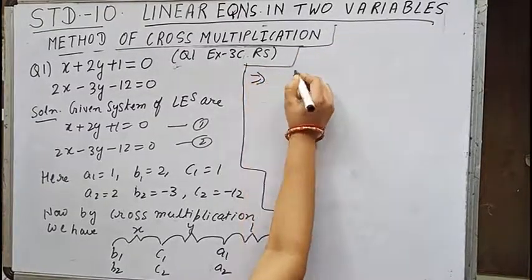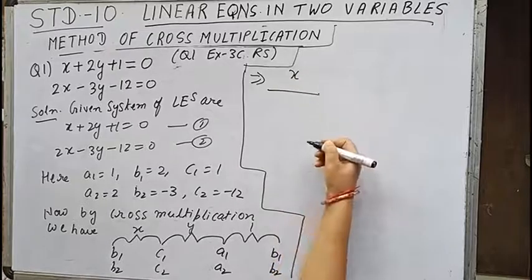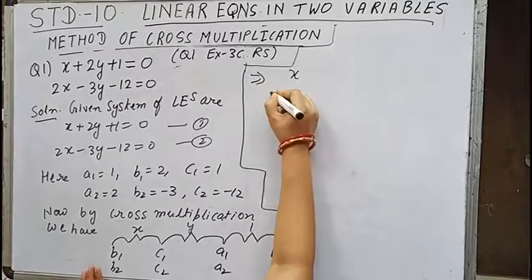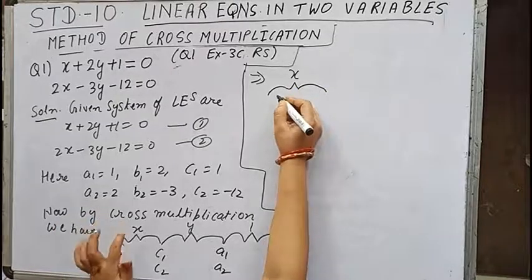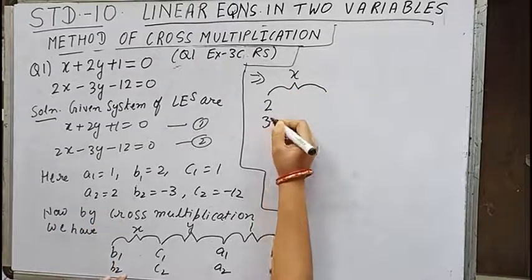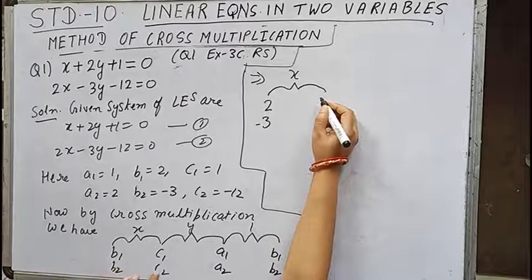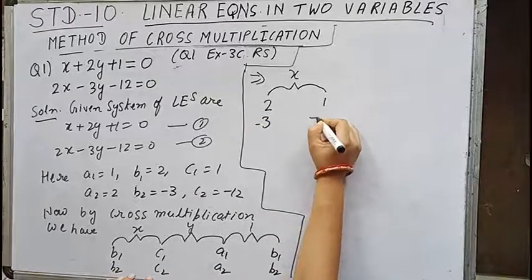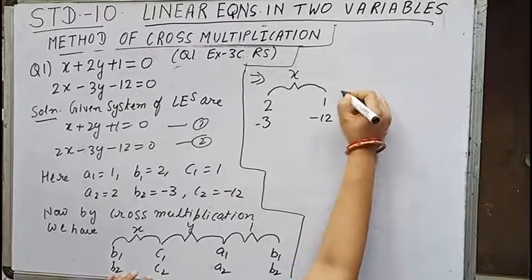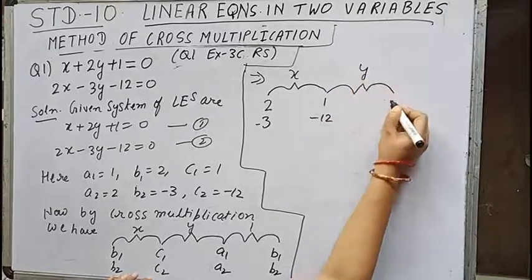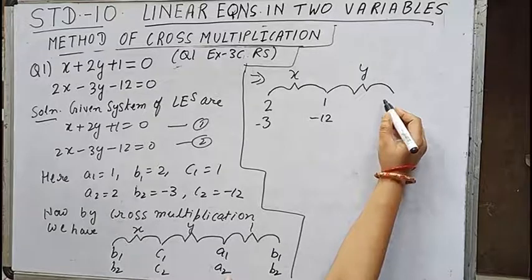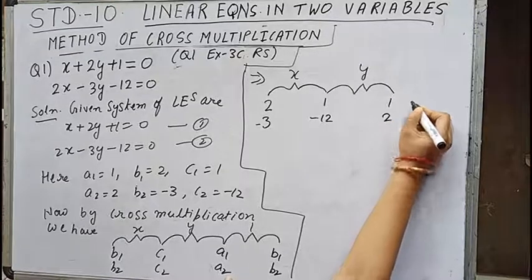This implies x divided by, don't write divided, simple. Now b1, b2 is 2, minus 3. c1, c2 is 1, minus 12. And then y, a1, a2 is 1, 2.